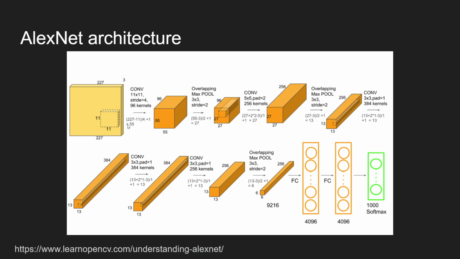As you can see, it's still following the structure we've seen before, where the images are getting smaller and smaller, but there are more and more of them as we go back, until we eventually get down to these tiny 6x6 images, at which point we can finally put them into fully connected layers. AlexNet had 2 hidden fully connected layers before we got to our output. Good architecture, did very well.